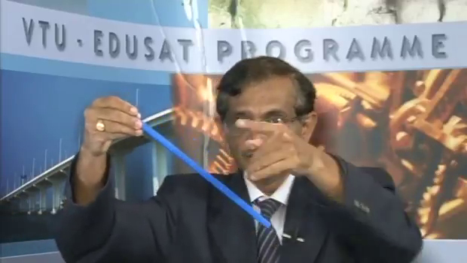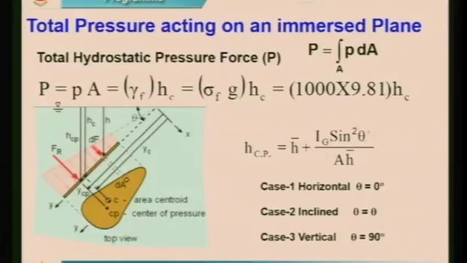If it is inclined, you know very well the angle is coming. If theta becomes 0, Ig sin square 0 is 0. Whatever inertia it may have, whatever area it may have, it is not going to affect it; Hcp will coincide with Hc for a horizontal surface. The moment you have some theta, you have to work out the Ig for that particular case.